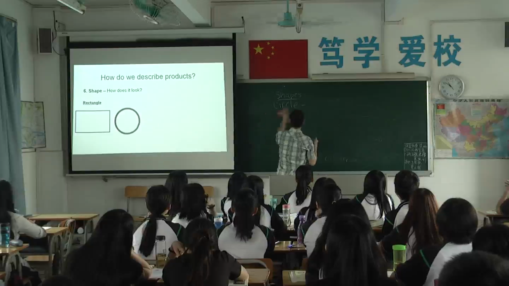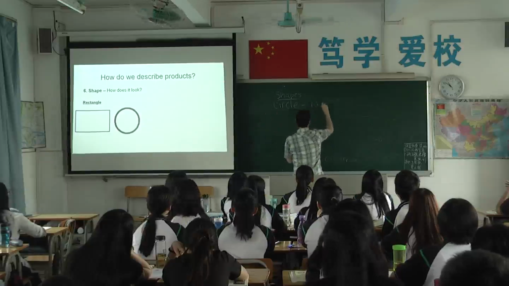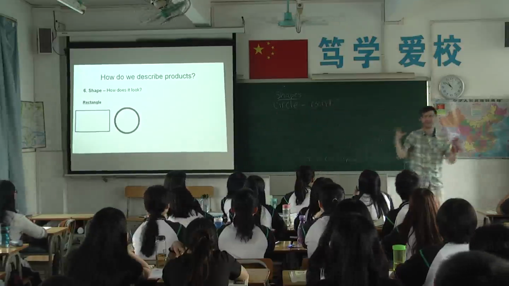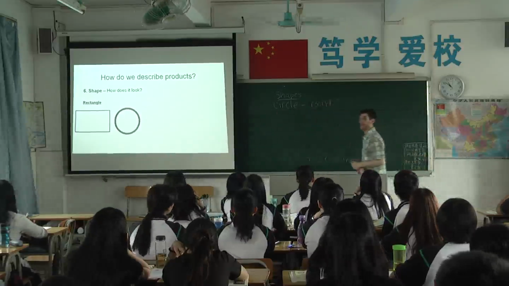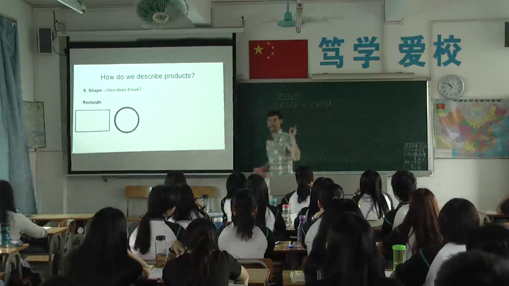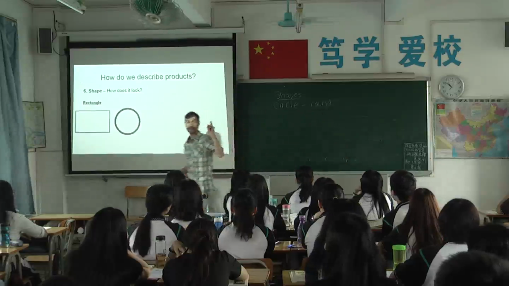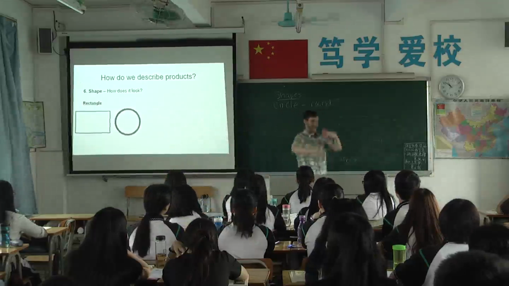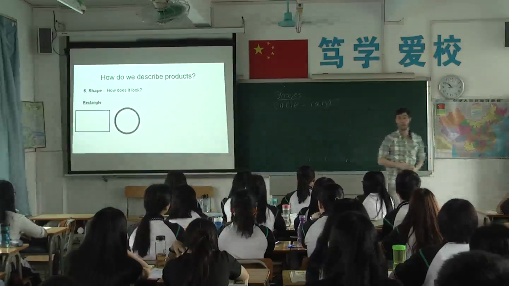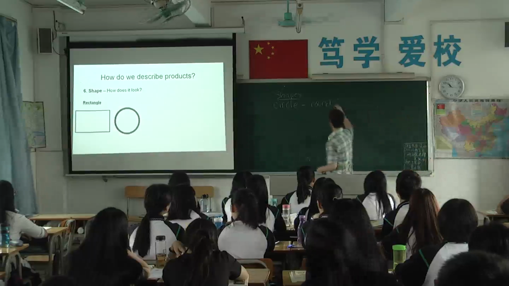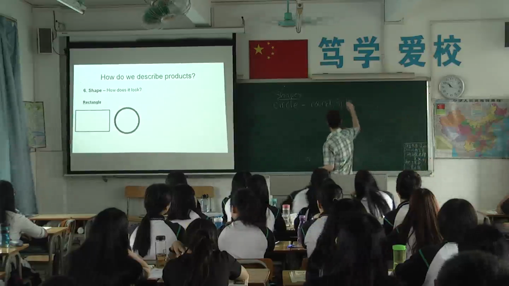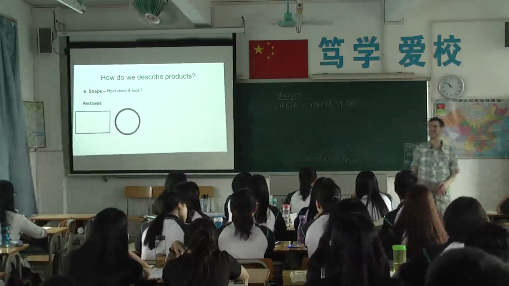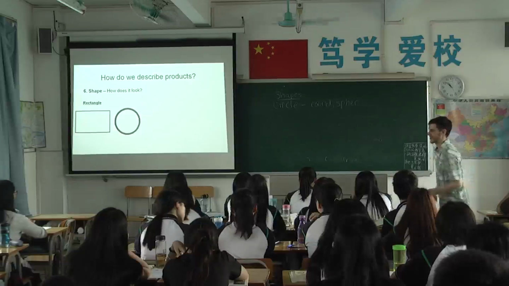So we have circle for shapes. We also have round. What about if I wanted to describe a football? Do you know how to say this? Yes, it is round. Yes, it is a circle. But what does it mean to be round everywhere? It's a tough one. This is called a sphere. Good job.